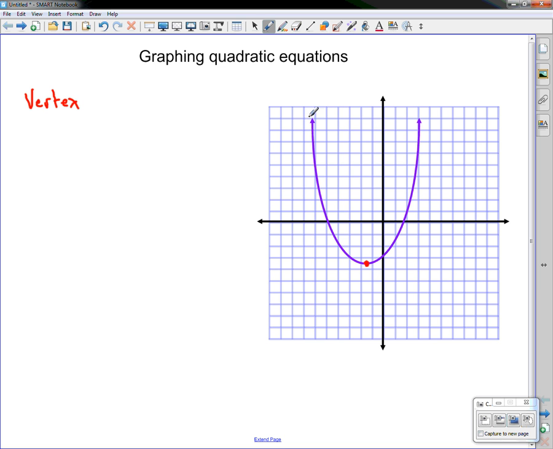So you can see how our parabola is working its way down and then it starts to work its way up. So this is going to be labeled our vertex. Your vertex is going to be an ordered pair. Okay, so that's one of the parts we're going to find.